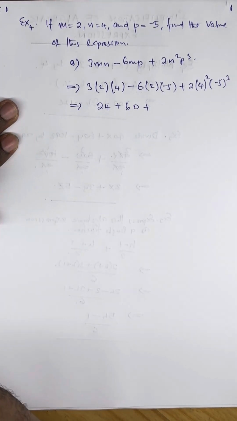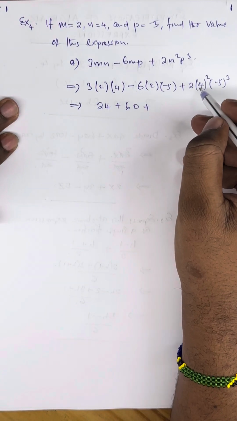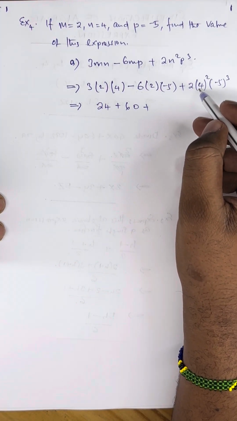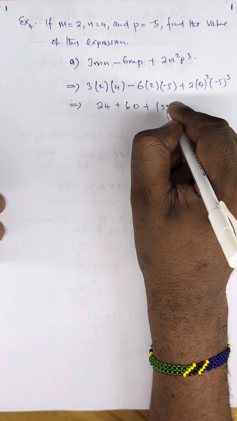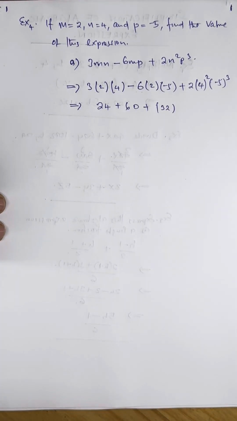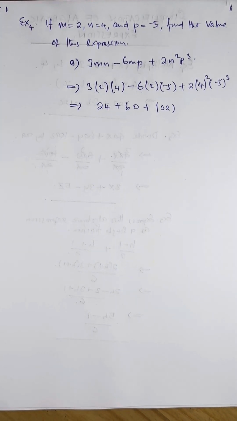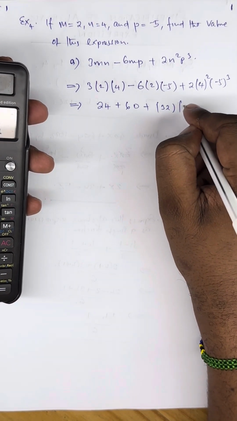This is 16, and 16 times 2 is 32. So we're going to have 32 multiplied by negative 5 cubed. So 5 times 5 is 25, and 25 times 5 is 125.